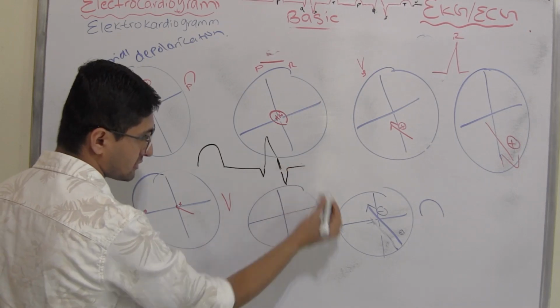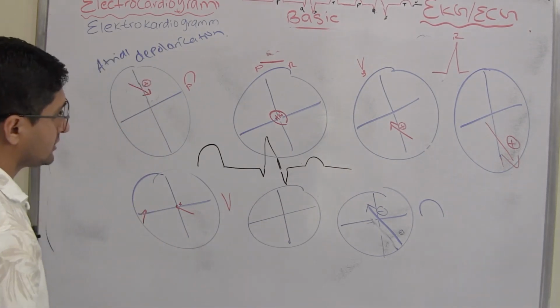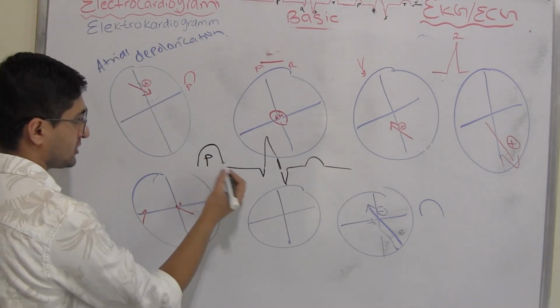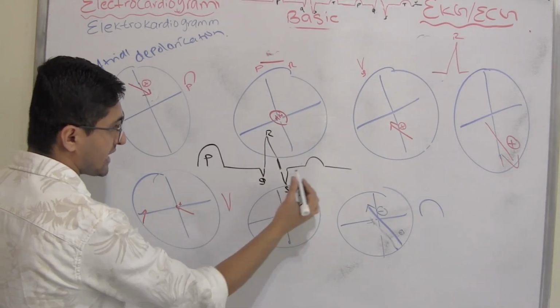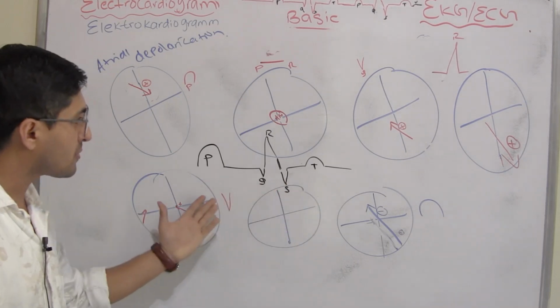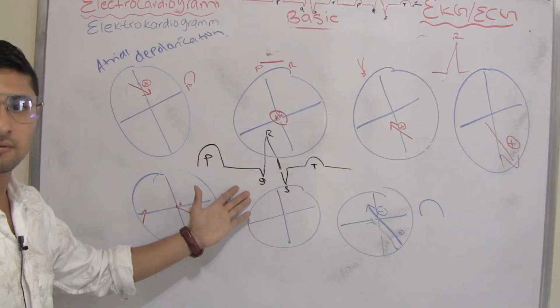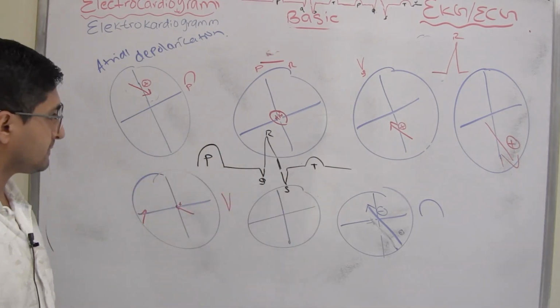This is my Q, and then you have this segment right here, and then obviously U, and then you have the next cardiac cycle. So these represent my atrial depolarization, atrial contraction. This is going to be my Q, R, and this is S. This is going to be my T. So these represent one cardiac cycle. Okay, that's how we make an ECG.